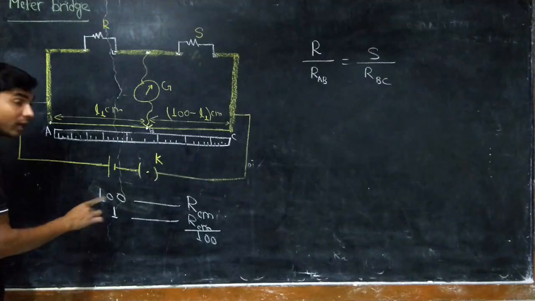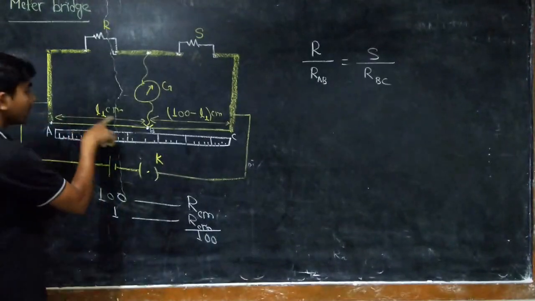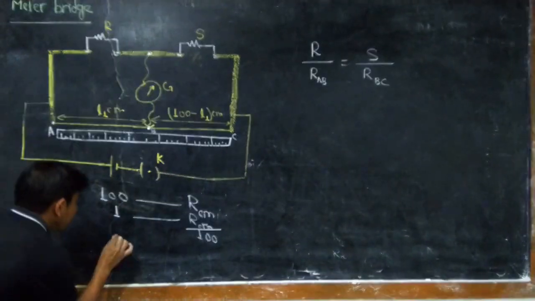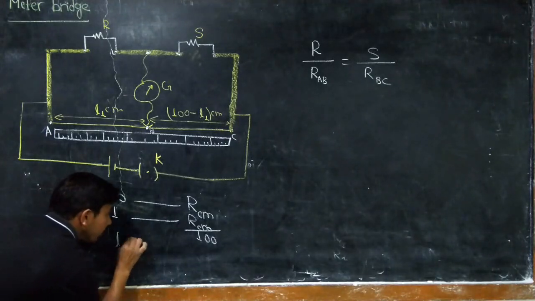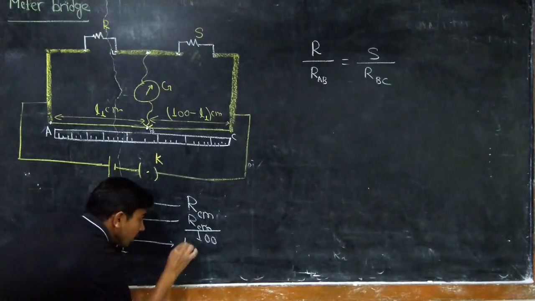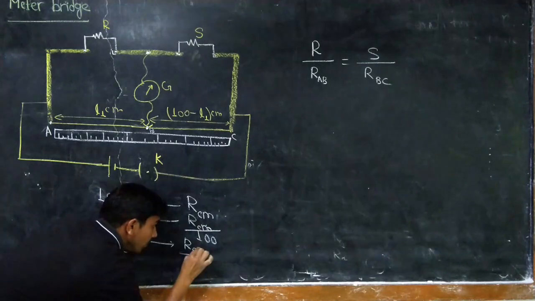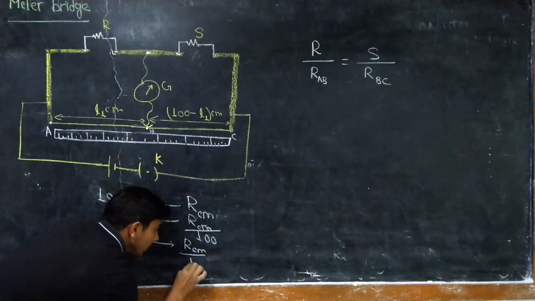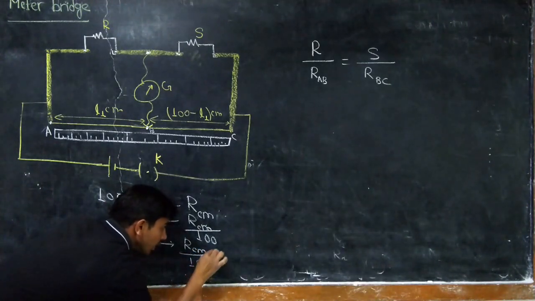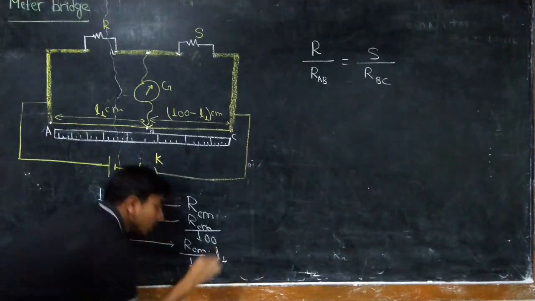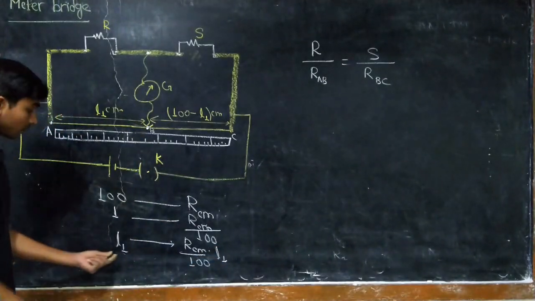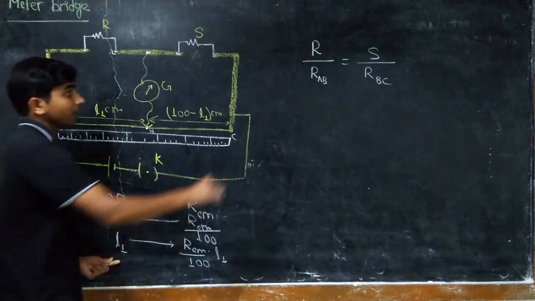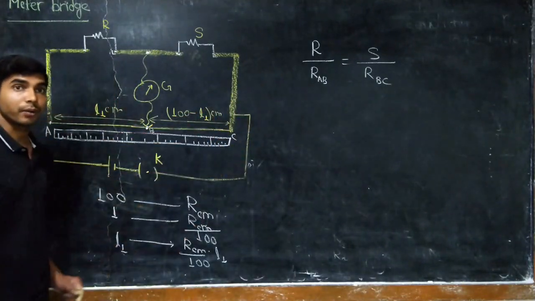So the length L1 has resistance R_cm by 100 into L1. So the resistance of AB is known to us, and we will substitute the value there.